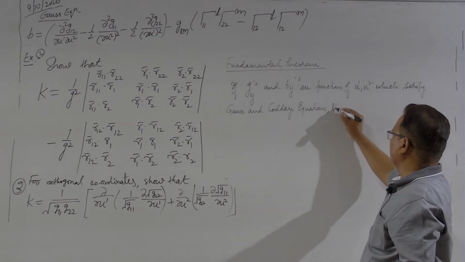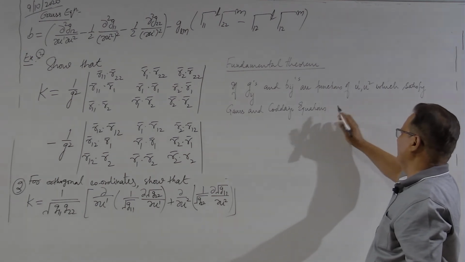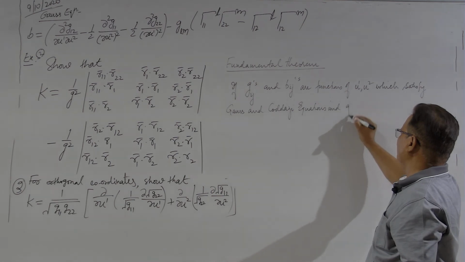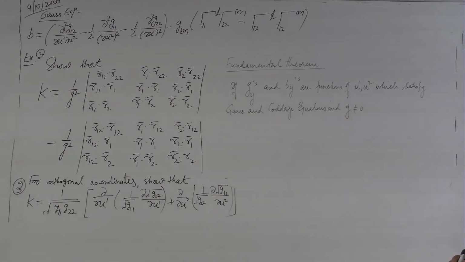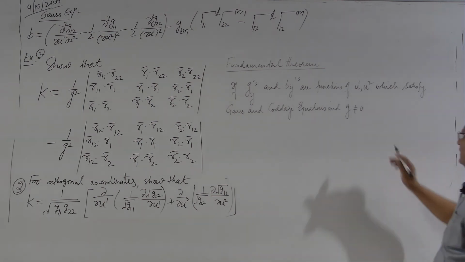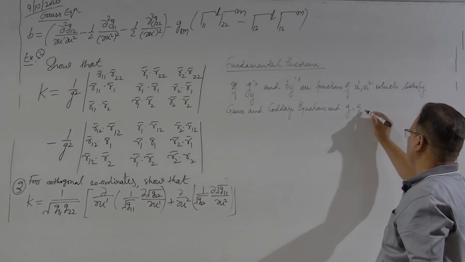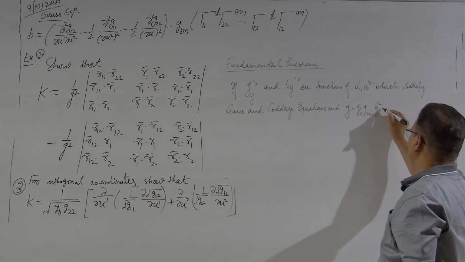For regularity we want G non-zero, otherwise it is not essential. G means G11 G22 minus G12 square is non-zero.